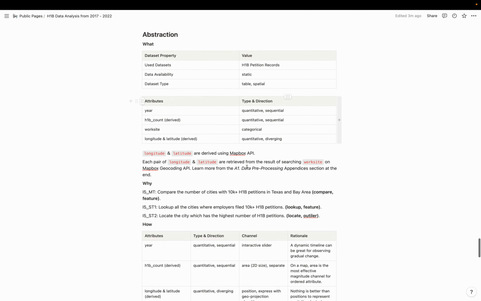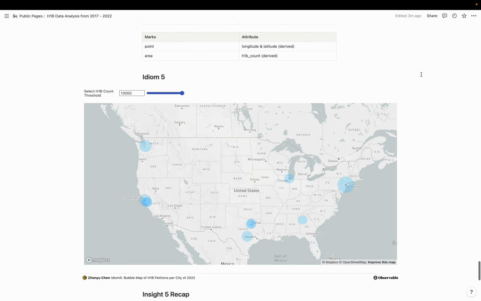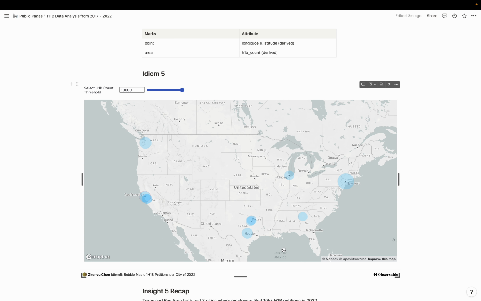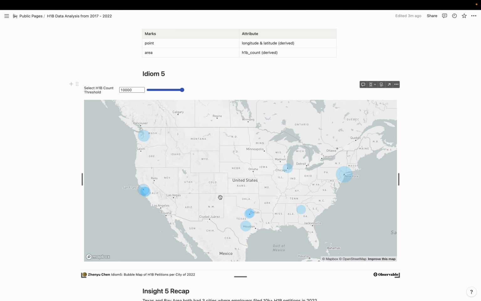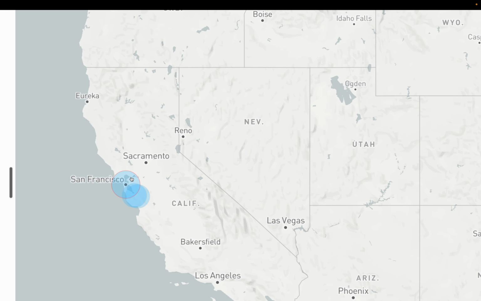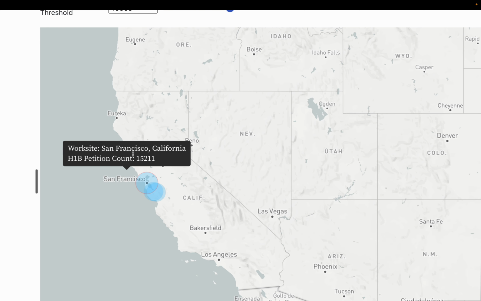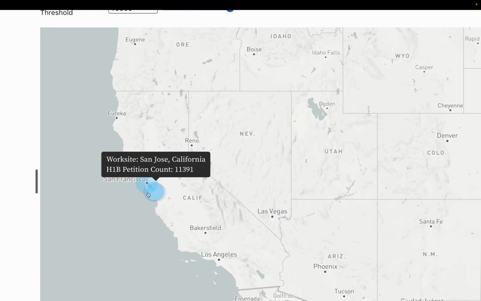And here is the last idiom. This one is a bubble map, and we can also conclude many useful insights. For example, we are right now in the San Francisco Bay Area, and we have some cities which filed over 10,000 H1B petitions.